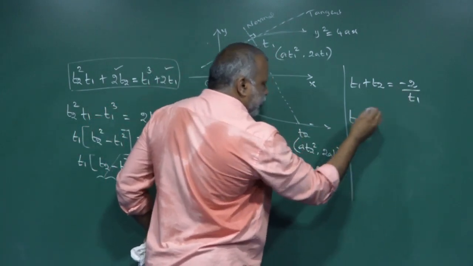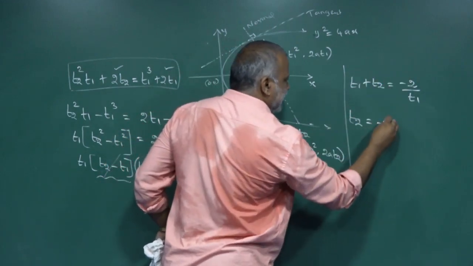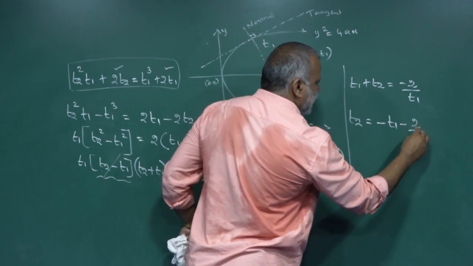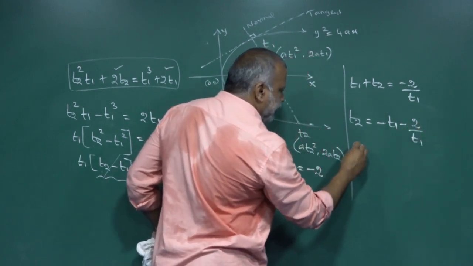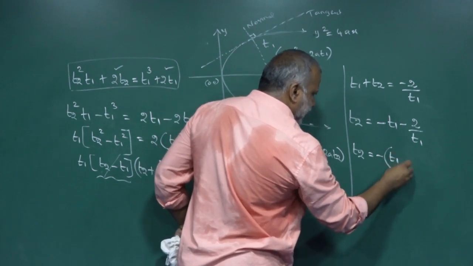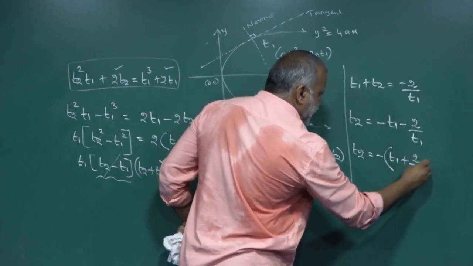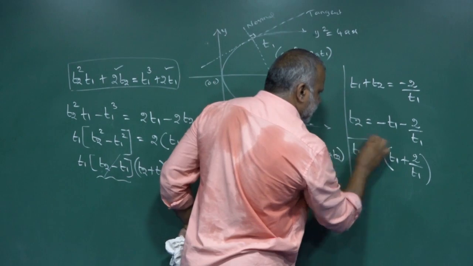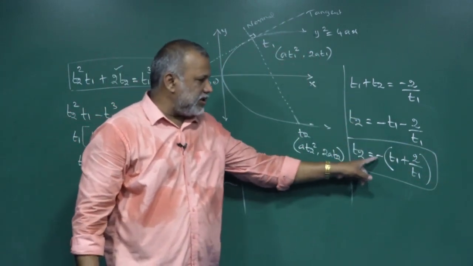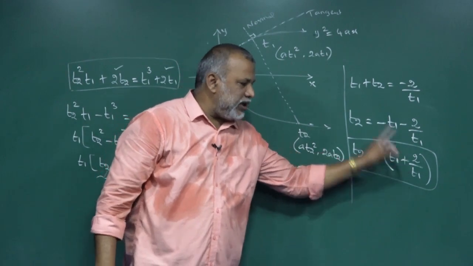So we need to prove t2. So convert to the other side. It will become minus t1, then minus 2 by t1. Take out negative common. So t2 equal to minus of (t1 plus 2 divided by t1). This is the required proof: t2 equal to minus of (t1 plus 2 by t1).